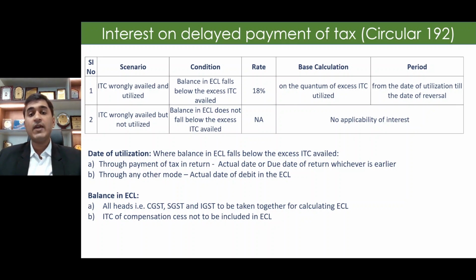If I see the balance altogether, the amount of reversal subject to interest would be 0, because my balance was 1 lakh rupees. However, if I am seeing individual ledger head balance, I am seeing only 40,000 rupees in my IGST, then interest would apply on 10,000, as my reversal was 50,000.